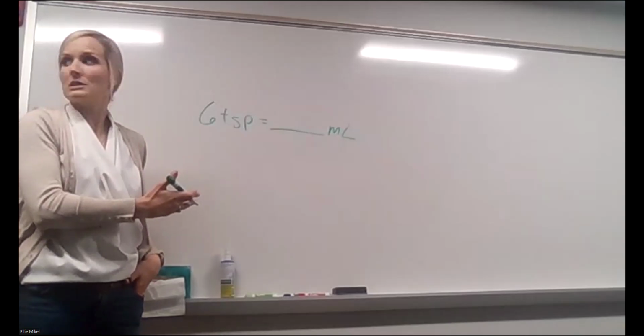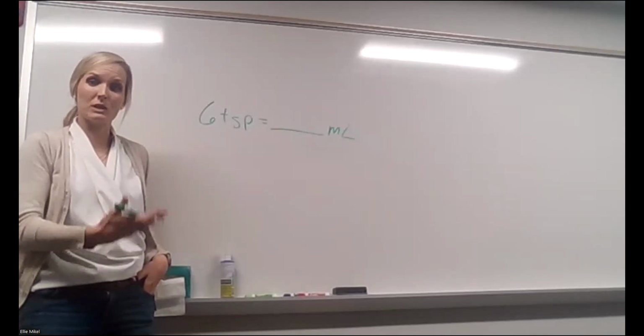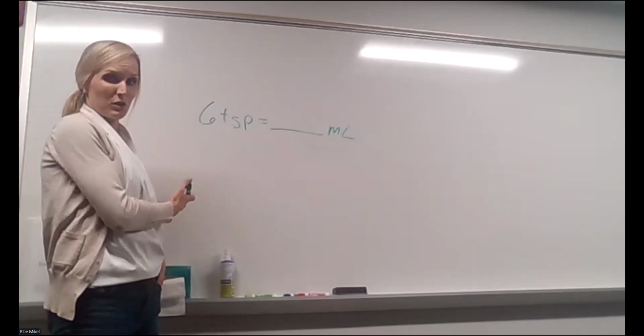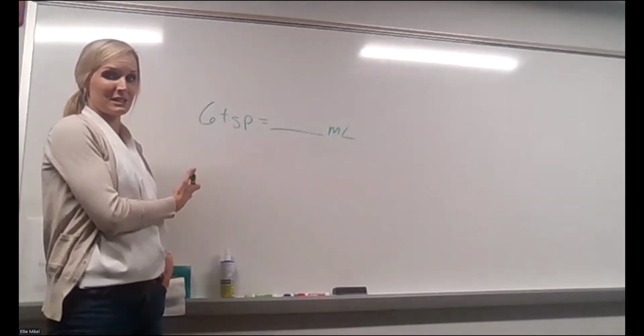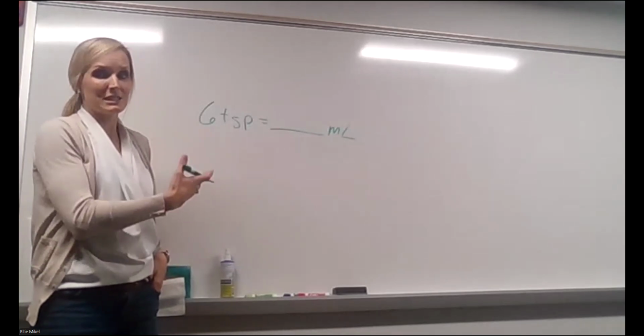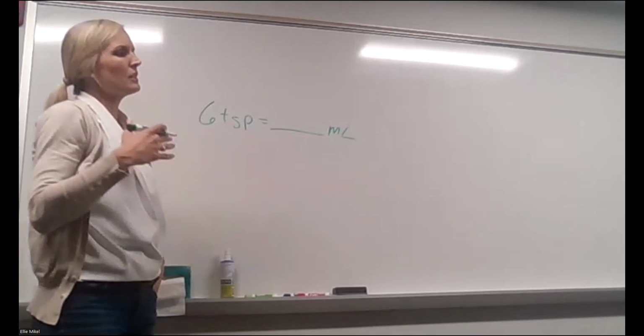Hopefully, at this point, we have memorized that 1 teaspoon contains 5 milliliters. So based on that, if 1 teaspoon is 5 milliliters, 6 teaspoons would be 6 times 5. So therefore this would be 30.